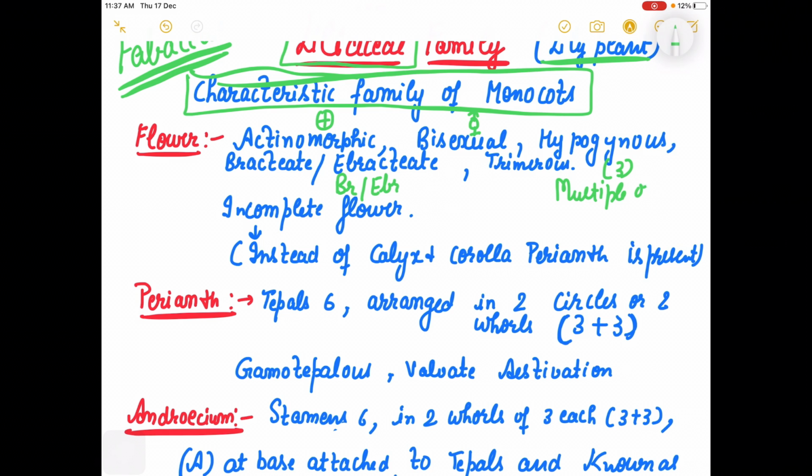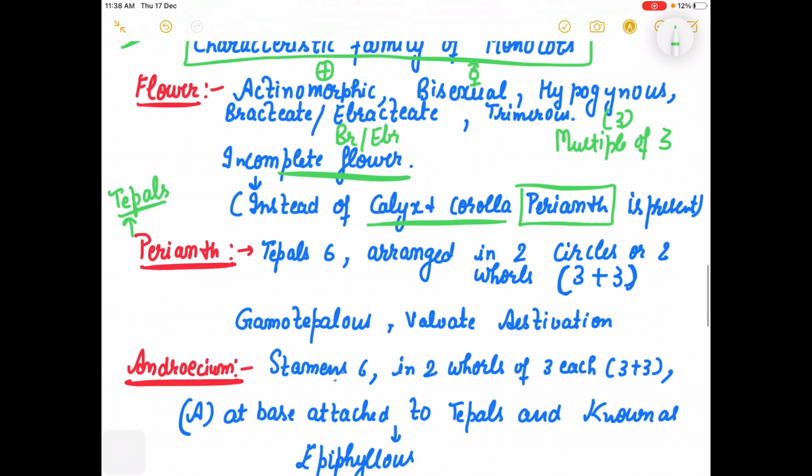The flower is incomplete, meaning some whorl is absent, but here instead of calyx and corolla, perianth is present. We already discussed that instead of calyx and corolla there is another whorl which is called perianth. An individual member of the perianth is known as a tepal. Now tepals here are 6, but they are not arranged in a single whorl.